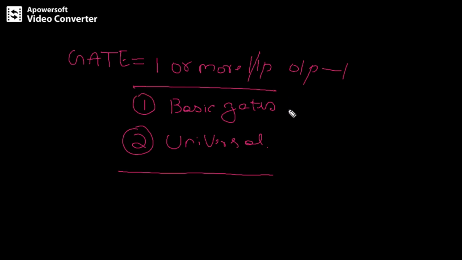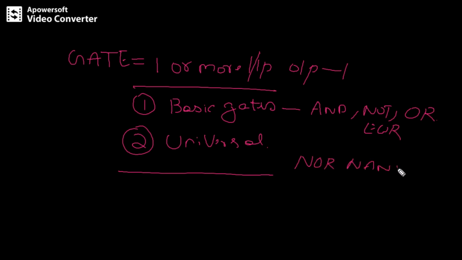So we have two classifications of gates. Examples for basic gates are the AND gate, NOT gate, OR gate and exclusive OR gate. Examples for universal gates are the NOR gate and NAND gate.